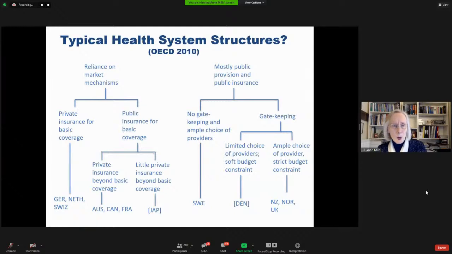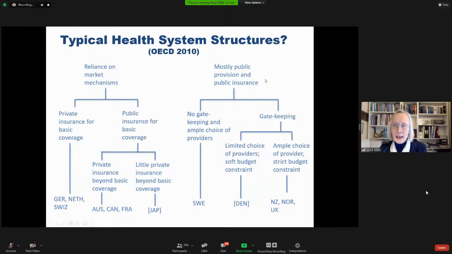And then within public insurance, there's a further distinction on what happens about coverage beyond basic coverage, whether there's private insurance beyond basic coverage, as is done very extensively in France, or whether there's little private insurance beyond basic coverage. And my admittedly very out-of-date knowledge of Colombia is that you probably encompass both of these together in your arrangements, which just illustrates that countries don't fall neatly into these categories.